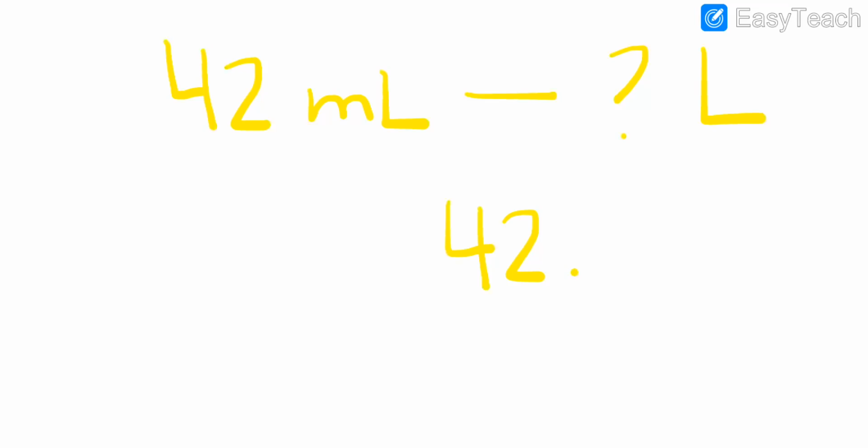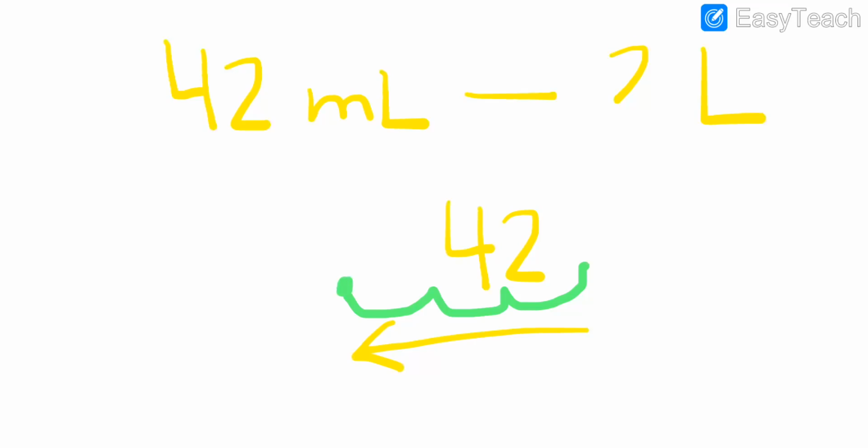So you need to go 3 spaces to the left because you're going from a smaller unit into a larger one. So, right, you have the smaller unit, you're going into a larger unit, and basically we're going to be going to the left. So I'm going to be moving my decimal point that's right here 3 spaces to the left. That's 1, 2, 3.